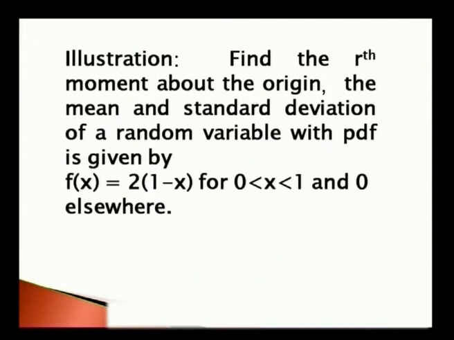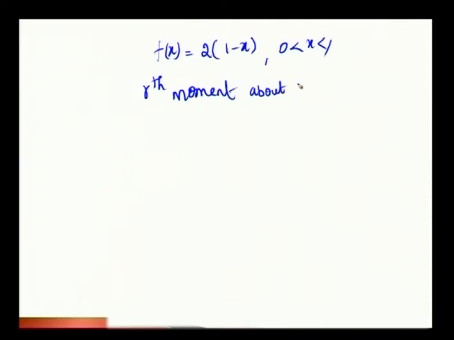First we shall find the rth moment about the origin for this problem. What is f of x given to be equal to? F of x is 2 into 1 minus x for 0 less than x less than 1. What is the rth moment formula? The rth moment about origin: mu r dash is equal to expectation of x power r.